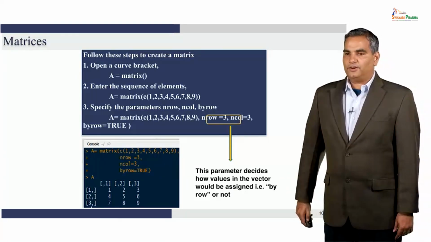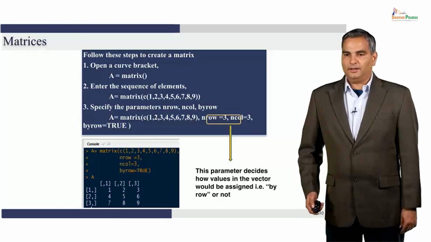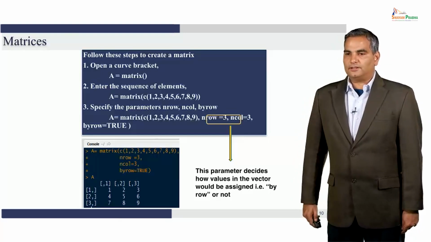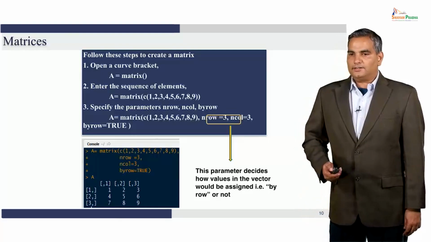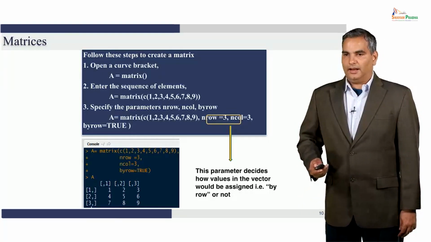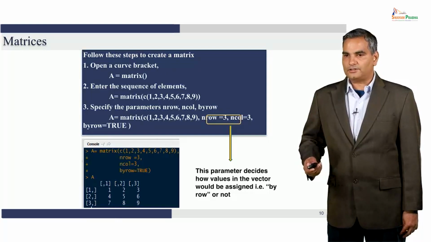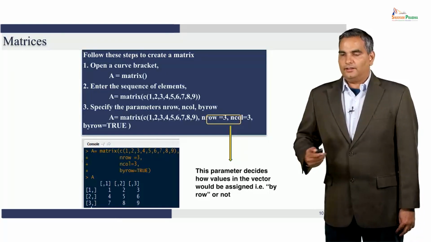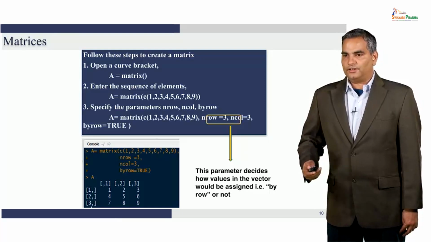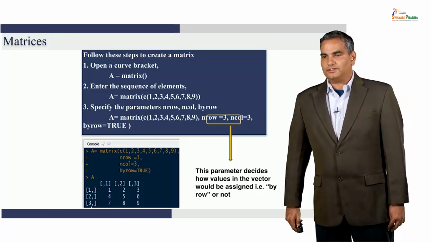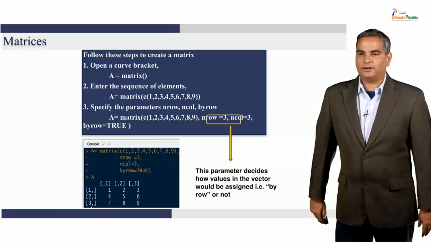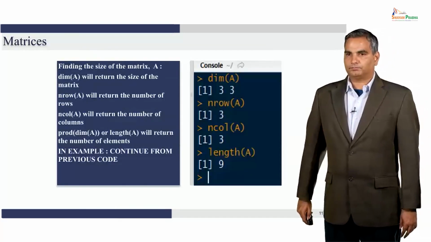In this case, we have nrow equal to 3, ncol equal to 3. Basically, we are saying this is a 3 by 3 matrix. What R does is runs through the numbers and fills as many numbers as needed in the first row. Since we need 3 numbers, it fills 1, 2, 3, and then goes to the second row, does 4, 5, 6, and goes to the third row, does 7, 8, 9, and so on. So this is a standard way of defining a matrix in R.